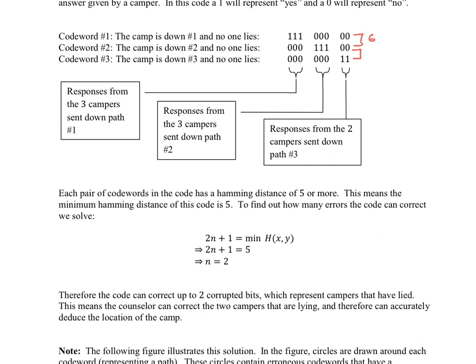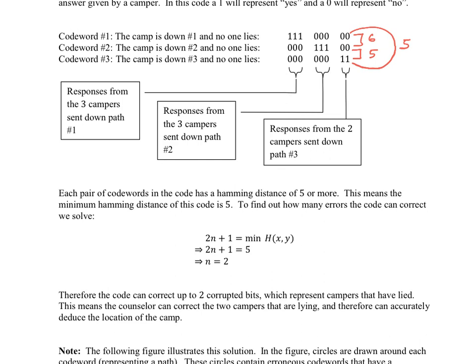The second pair of code words here is 5. And then the last combination, the first one and the last one, has a Hamming distance of 5. So the smallest pair has a Hamming distance of 5. So our minimum Hamming distance for this code is 5.